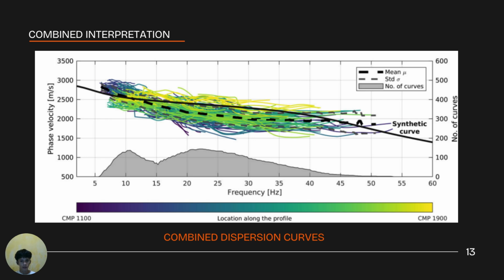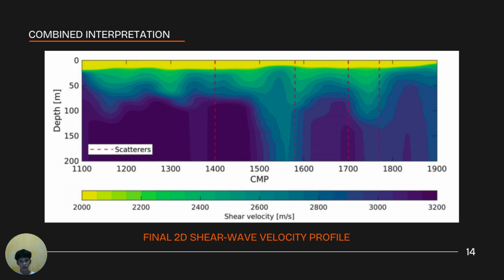So the real strength of this approach came from combining both the data sets that we saw earlier. By merging the passive and active dispersion curves for each common midpoint, the researchers created a broadband dataset covering 6 to 50 Hz. This figure illustrates the expanded frequency coverage, while this figure shows the final 2D shear wave velocity model.